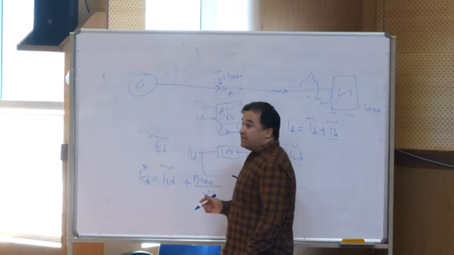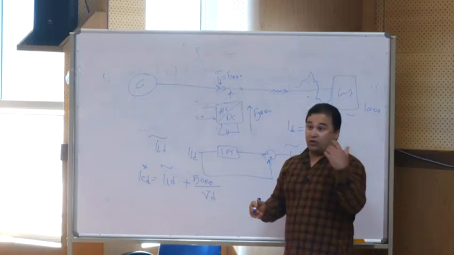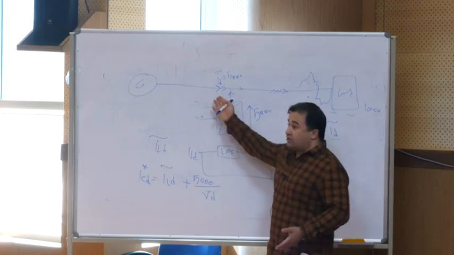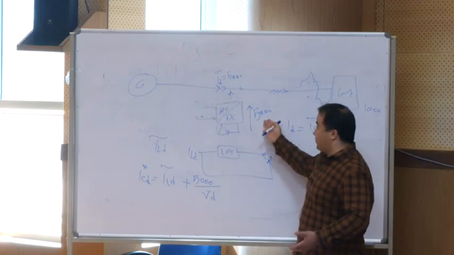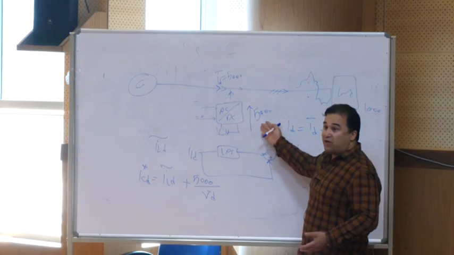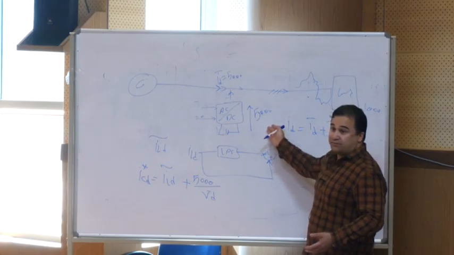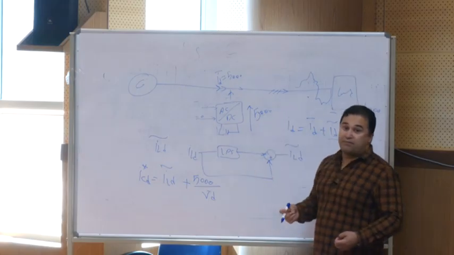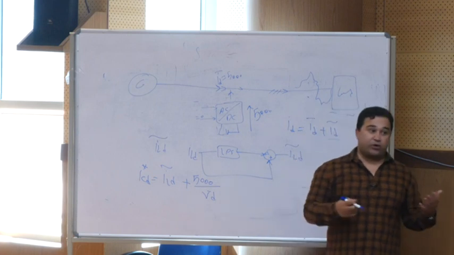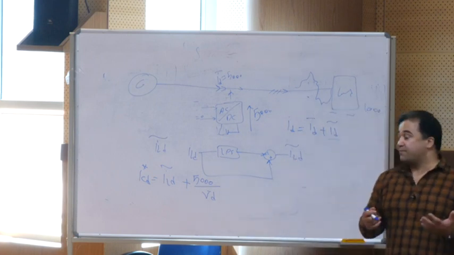So instead of buying 10,000 from the grid, they pay for 5,000 because 5,000 is coming from the DG. So it maximizes the profit for the customer side.